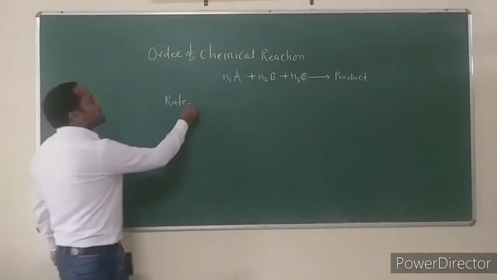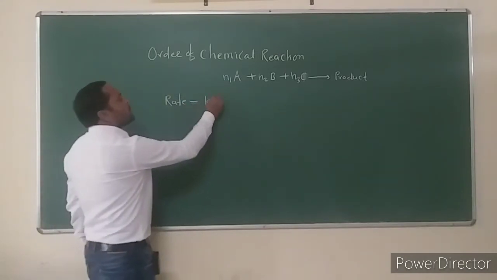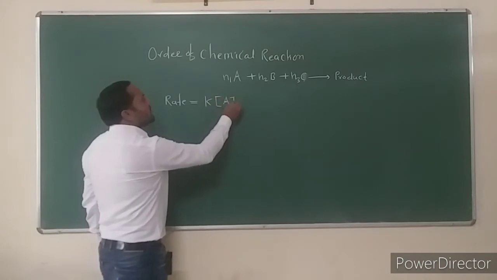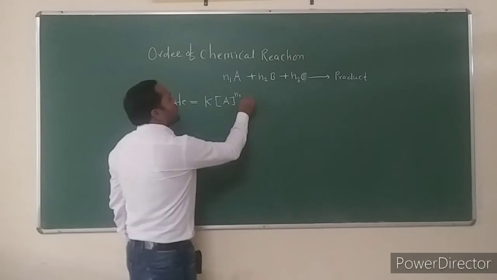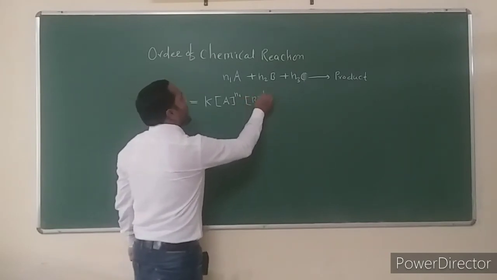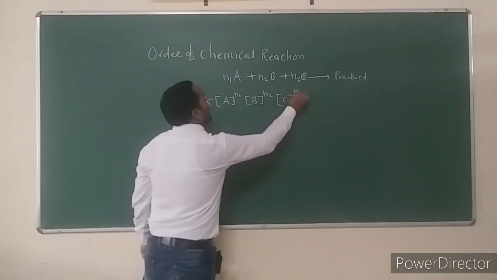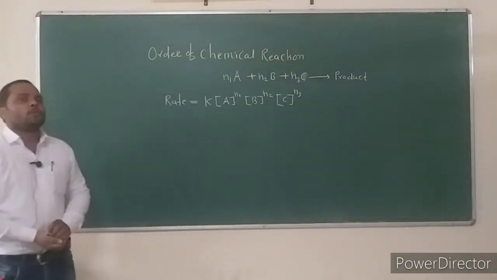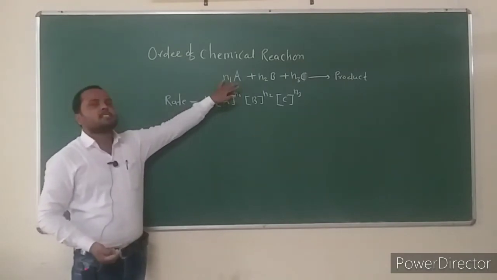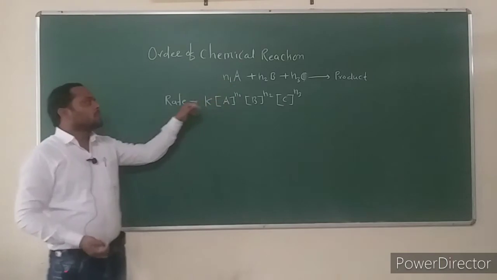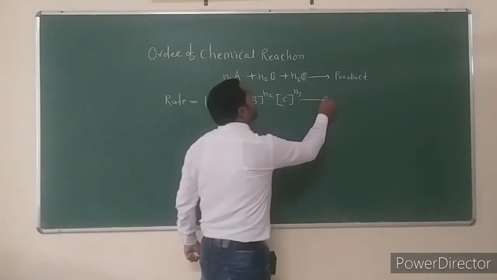According to the law of mass action we can write the rate of reaction is directly proportional to the concentration of reactant A having a power n1, the concentration of reactant B having a power n2 and the concentration of reactant C having a power n3. We introduce the proportionality constant k, the rate constant. This is the rate equation for this reaction.